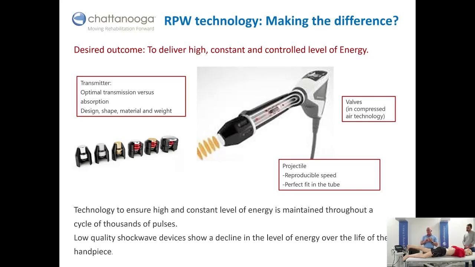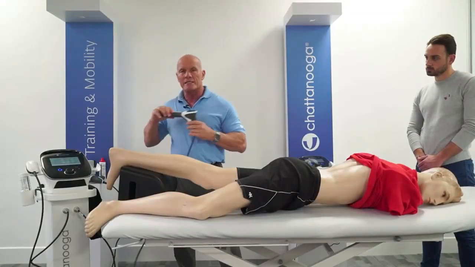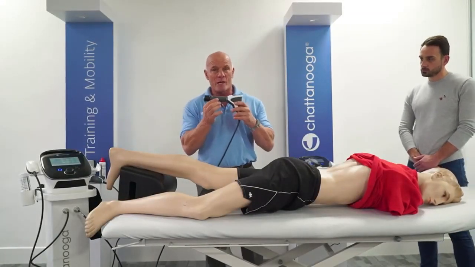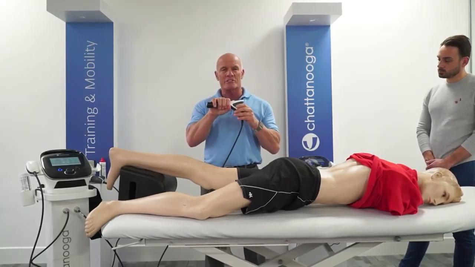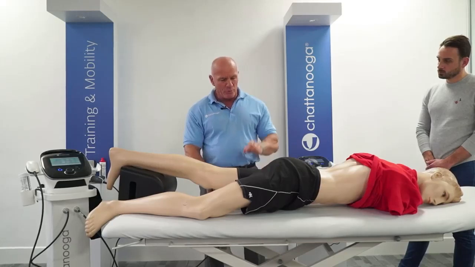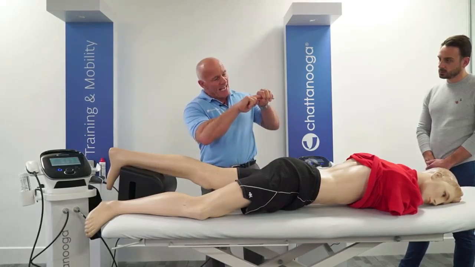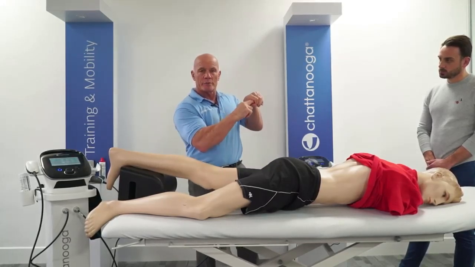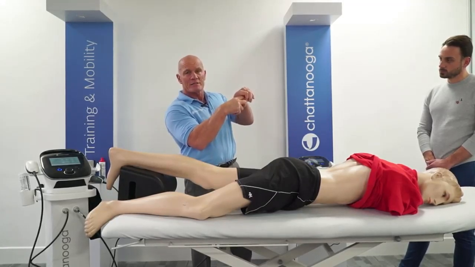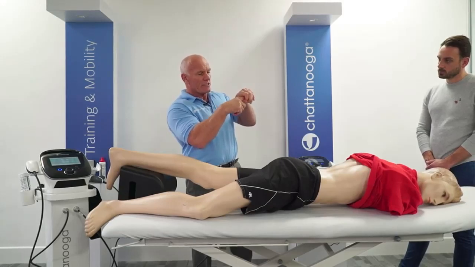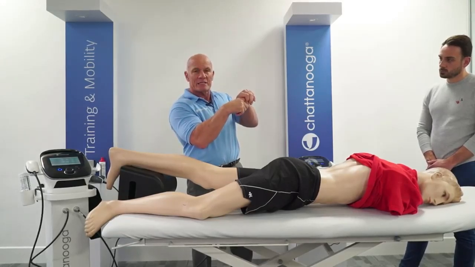Then you have that very clever valve technology which we discussed earlier. And then we have the projectile in the tube. This is where we start to get the importance of critical engineering, because that bullet has to fit exactly in that tube. If there's any air that can pass, then we're not going to get the same energy requirements and the same force production.